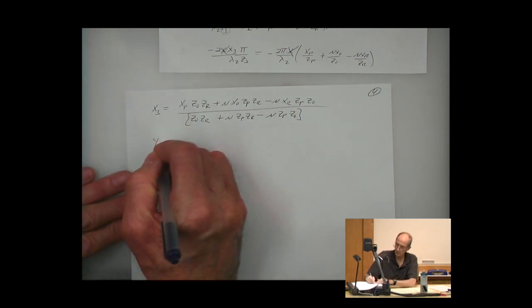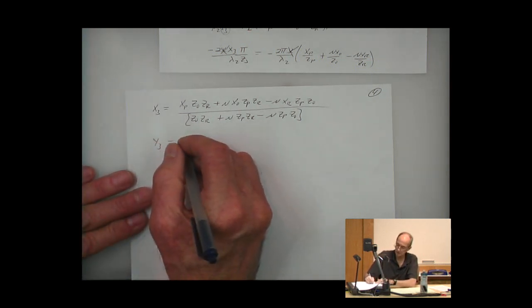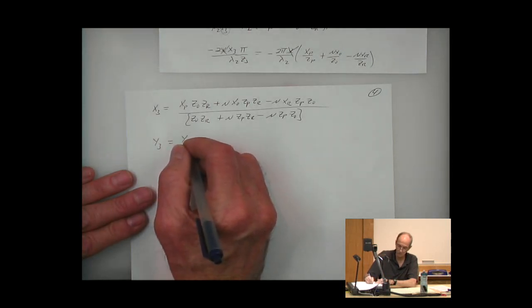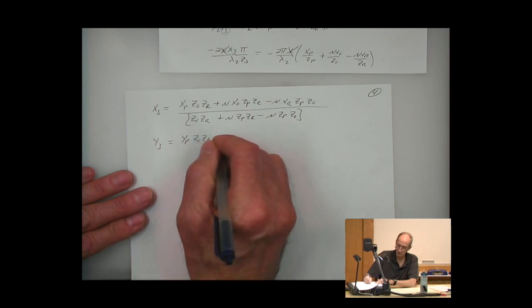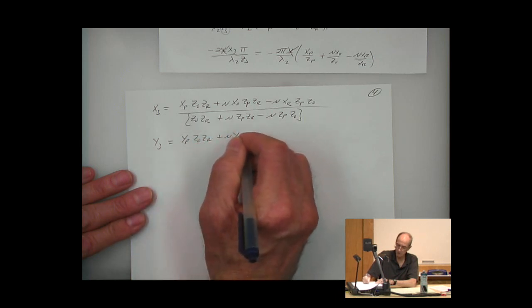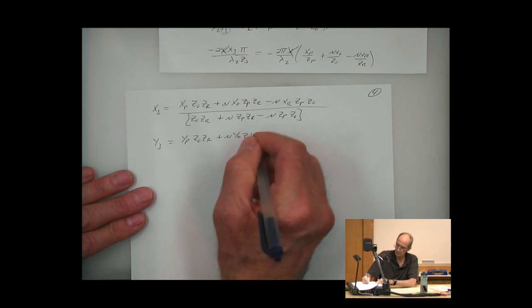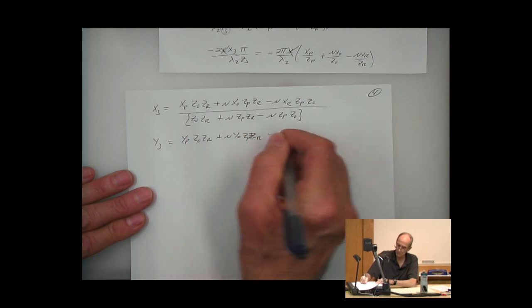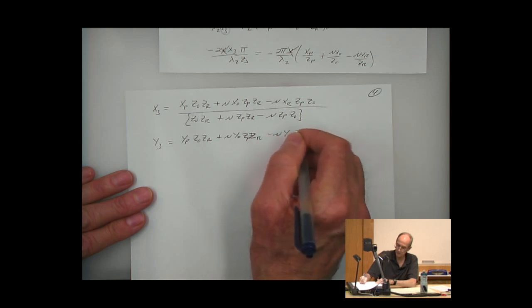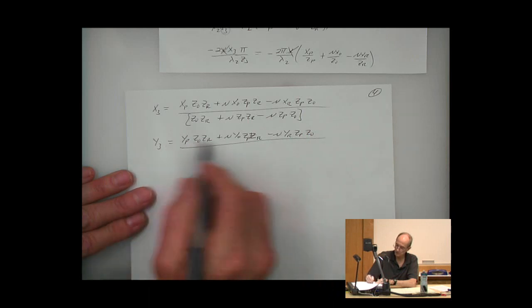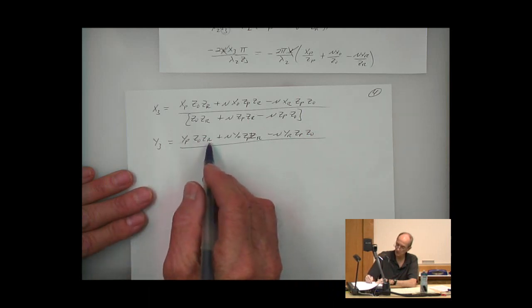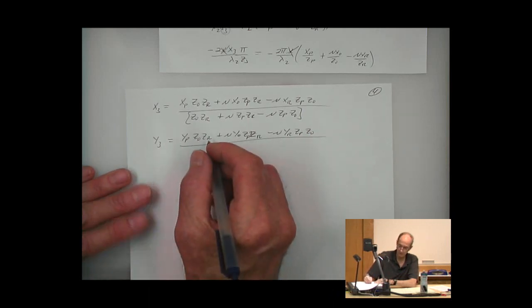Similarly, we have y3, which looks the same, except we substitute y for x: yp zo zr plus mu yo zp zr minus mu yr zp zo. So you see here it just kind of rotates. You have a p, o, and r in each of these to keep things straight.